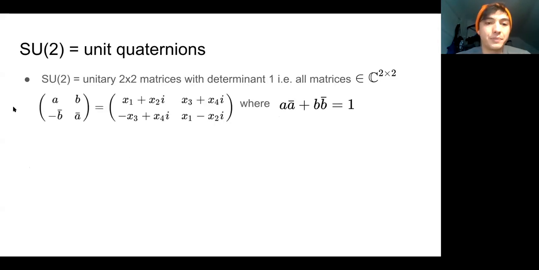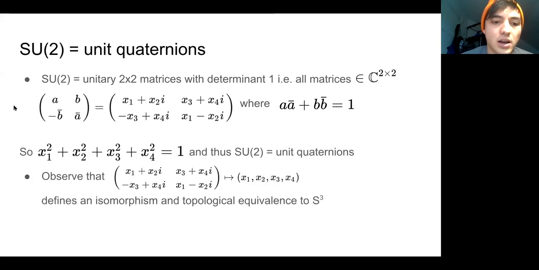So now we're going to begin the proof, and we're going to start with SU2. SU2 is the set of 2x2 complex matrices whose Hermitian product is 1. If you parameterize an SU2 matrix by 2 complex numbers a and b, we mandate that a bar a plus b bar b is equal to 1. When we expand out a and b, we see that the matrix looks very much like our quaternions, and this provides that these quaternions are in fact the unit quaternions.